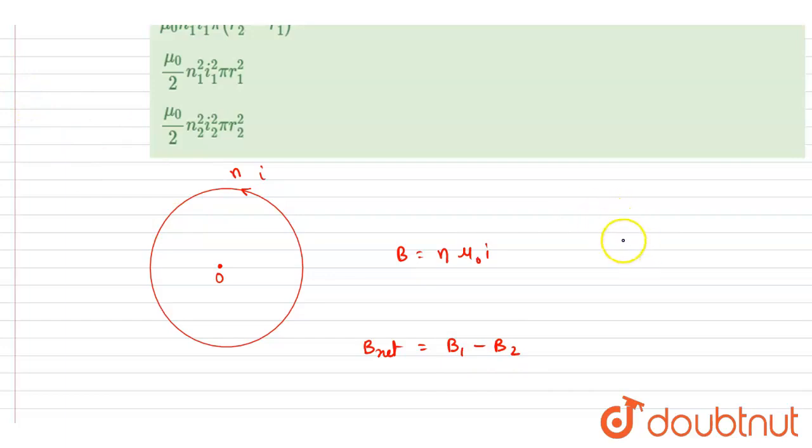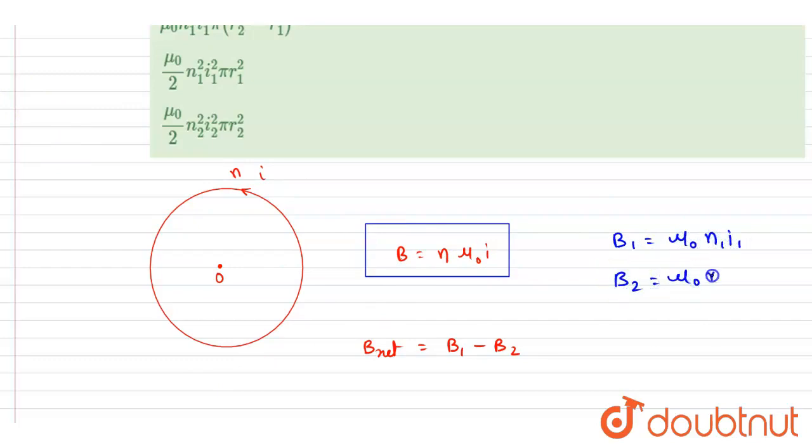You can get B1 and B2 simply by using the formula mu naught N I. B1 is equal to mu naught N1 I1, B2 is equal to mu naught N2 I2. So we can subtract them to get the net magnetic field, right?